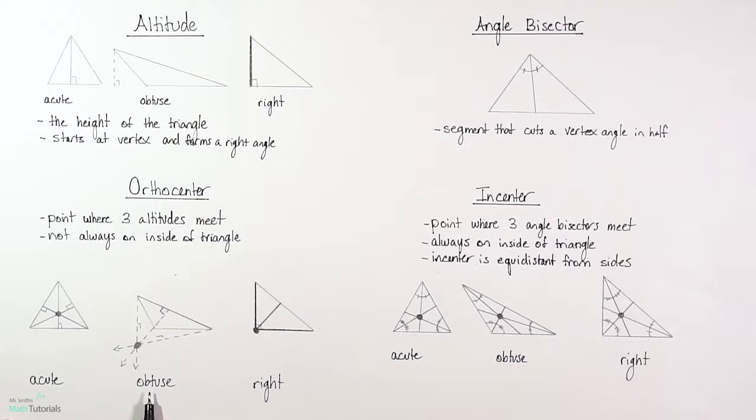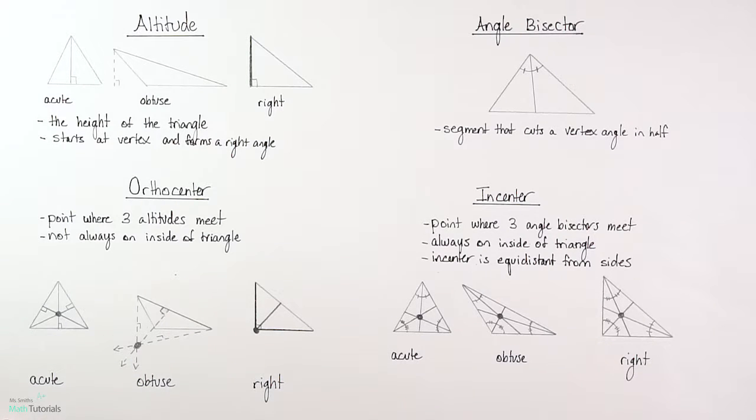If we had an obtuse triangle, and this can be kind of hard to see, and it was definitely hard to sketch, but if we were to take the height from this vertex and the height from that vertex, now I know that feels weird. You're like, how is that the height? You would have to actually flip this picture around so that this is now the base, that's on the bottom, and then you could see that this is the height.